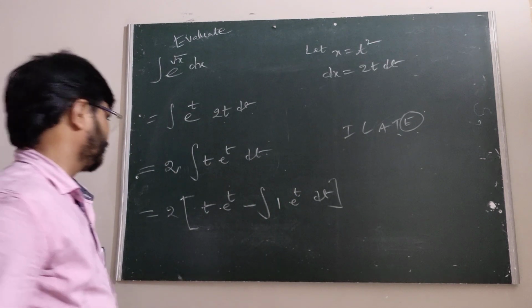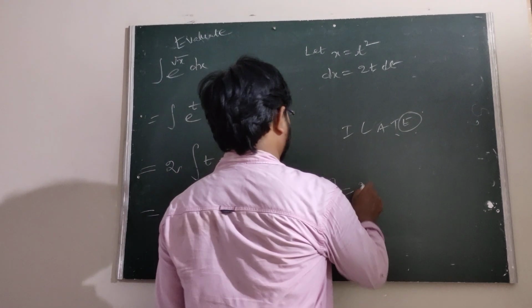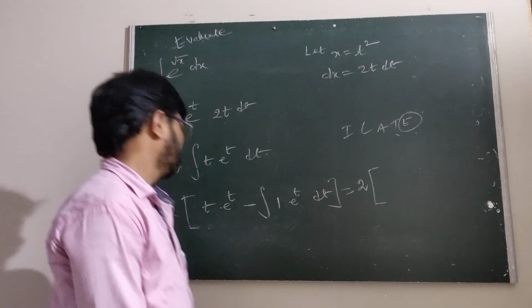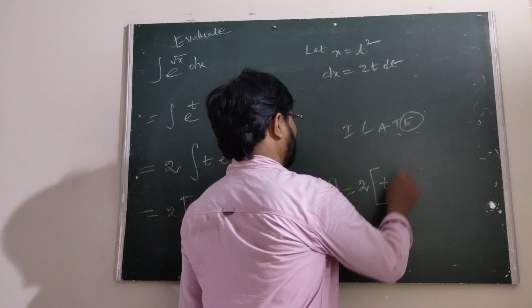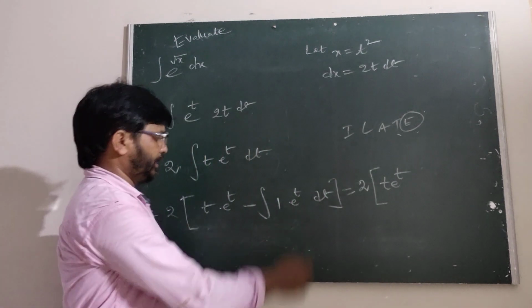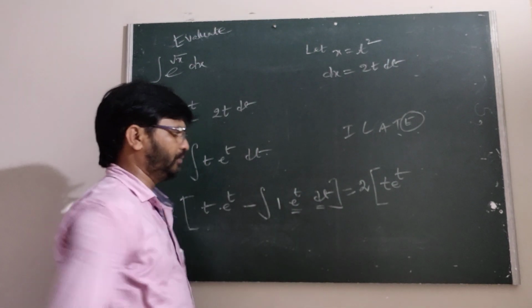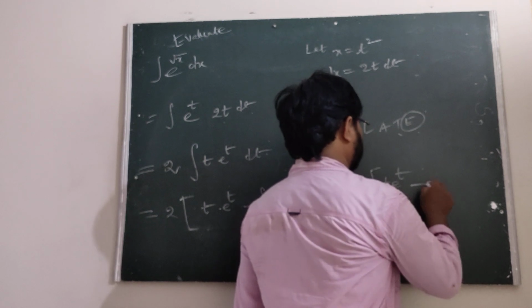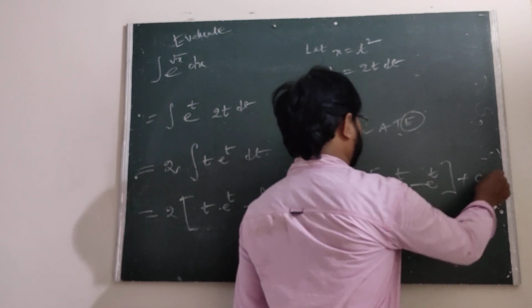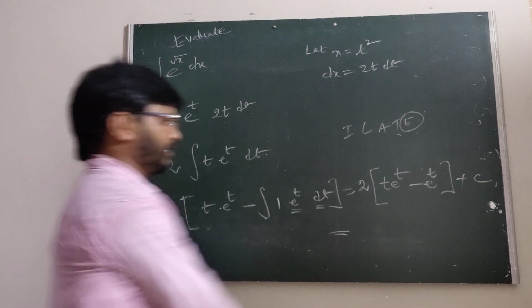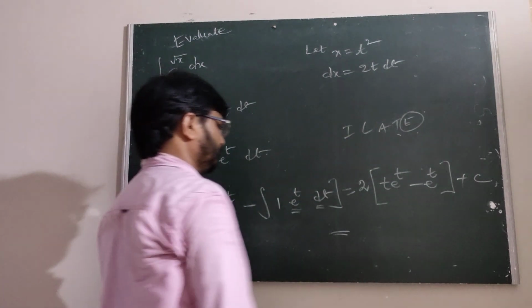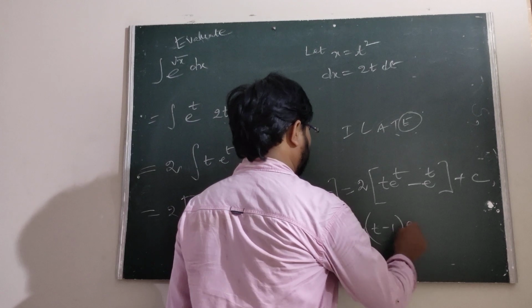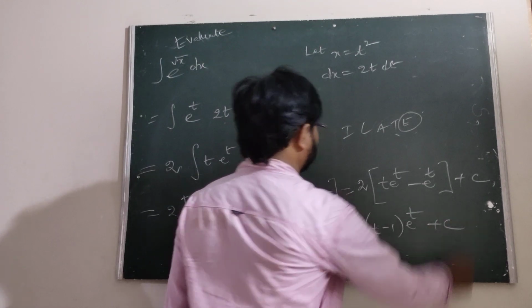Now we are taking here 2 into t e power t minus e power t. Finally we are taking the integral constant c. Now here 2 into t minus 1 e power t plus c.